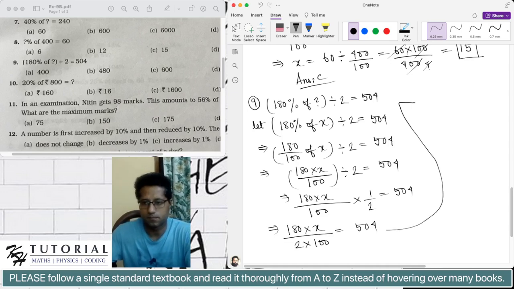Now this implies that x is equal to 504 divided by 180 divided by 2 into 100.